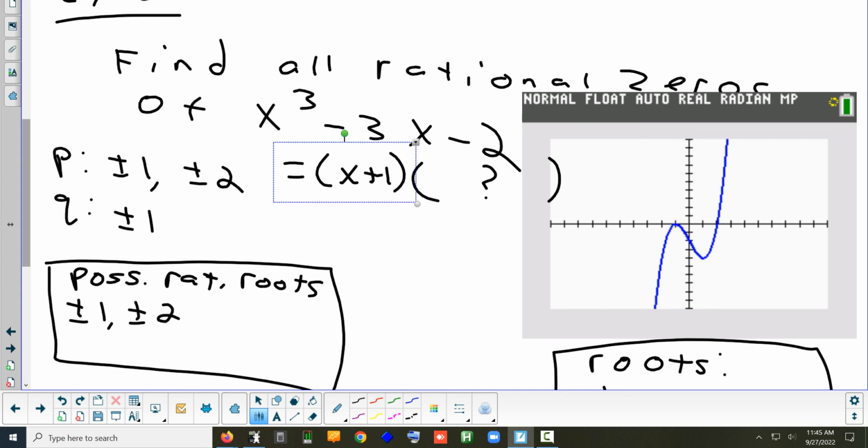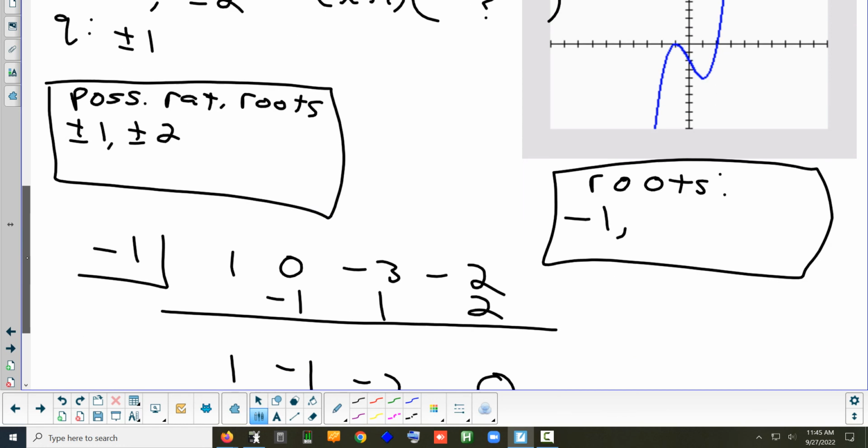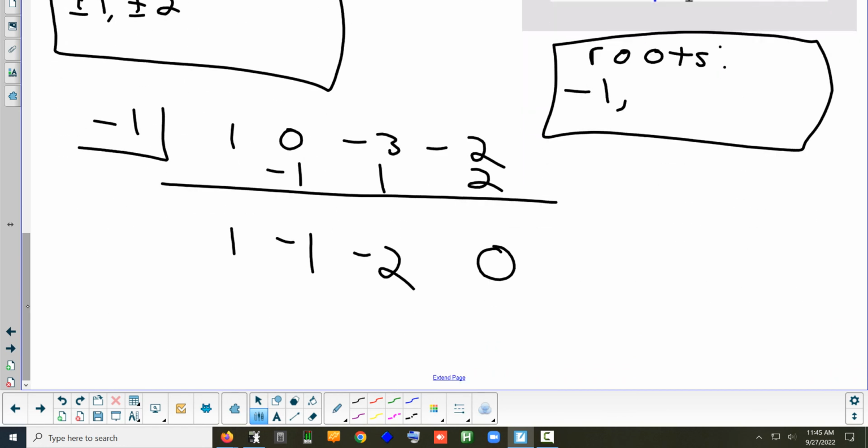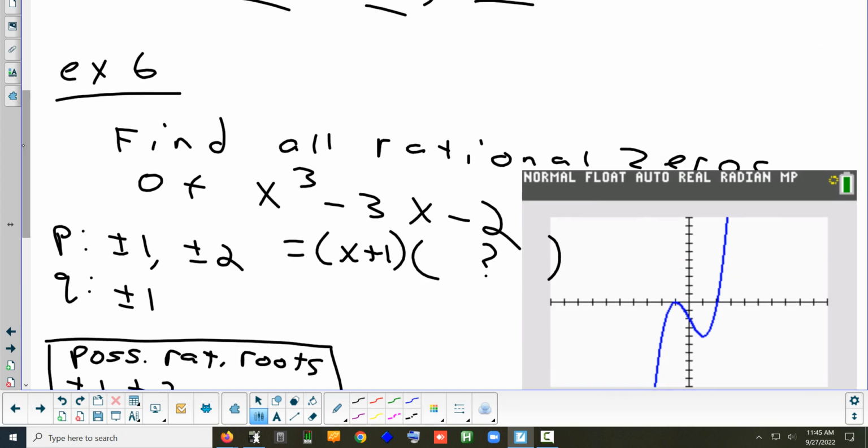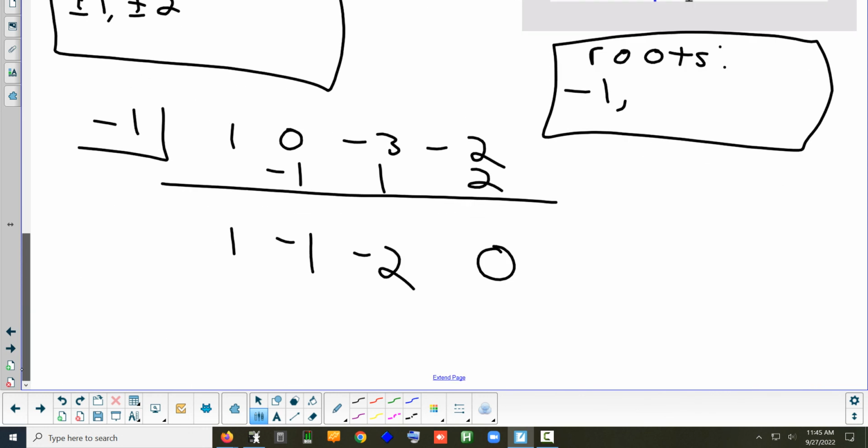I know the root for this is -1. I need the roots for the question mark. Well, what is the question mark? It's the quotient. That's the other piece that this would factor into. X plus 1 times x squared minus x minus 2. That's the other factor, the quotient.